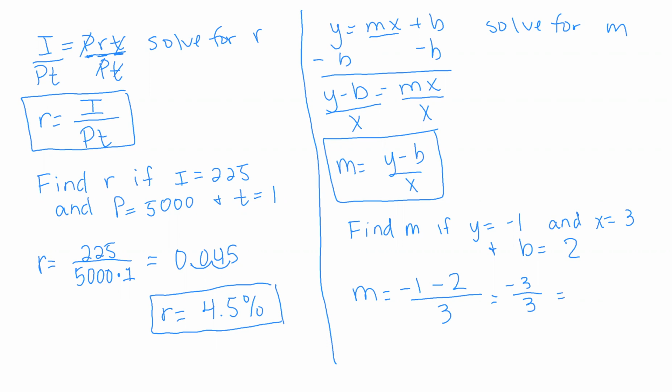So that simplifies, and it tells us that m equals -1. So again, we took a formula, we solved it for a specific variable, and then we evaluated it given a certain set of information. So in this case, we needed to find m given information about y, x, and b. All right, 2 more, and then we will wrap it up.